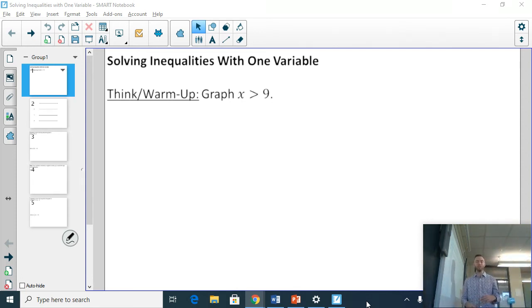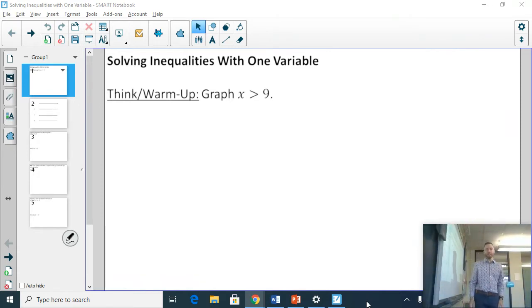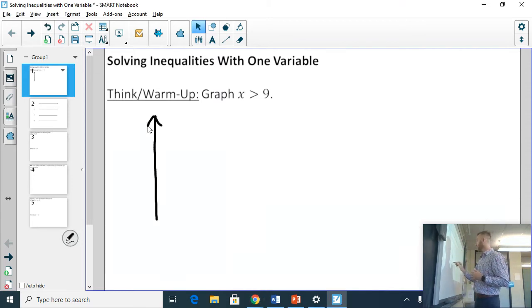And now we are going to do solving inequalities with one variable. How I'm going to start this is with graphing x is greater than 9. Normally when we think of a graph, we are thinking of our x and y, but when we're just saying x is greater than 9, we don't have to worry about that.